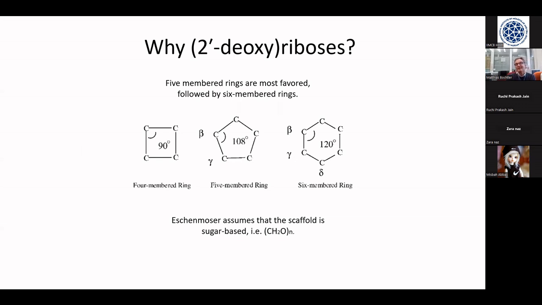Absolutely classy work. So, of course, assuming you're inspired by the riboses, you think, what other rings could you use? And then it's pretty quickly clear that you want to play with 5-membered rings and 6-membered rings, because 4-membered rings are incredibly strained and unstable. So Eschenmoser assumes you want 5-membered or 6-membered rings, and he additionally assumes that the scaffold should be sugar-based, so the formula should be CH2O multiplied by the number of carbons.